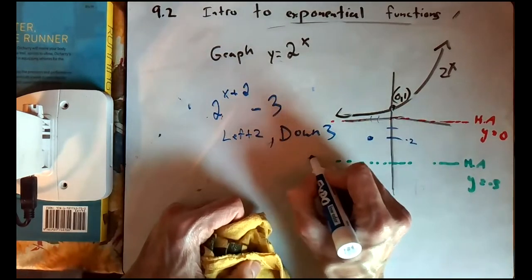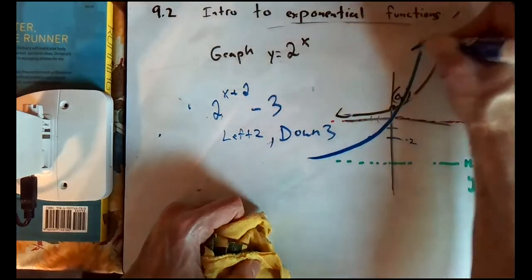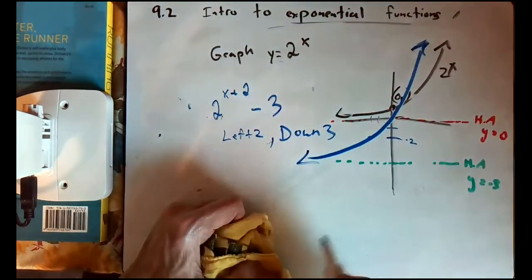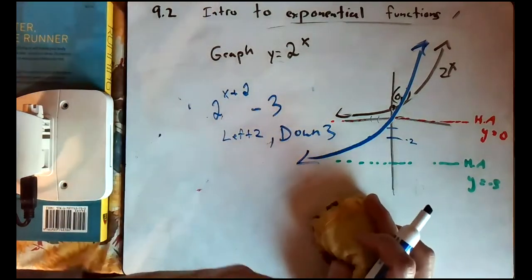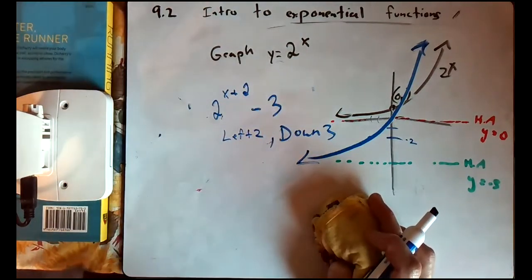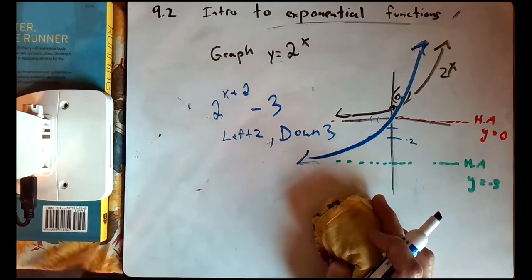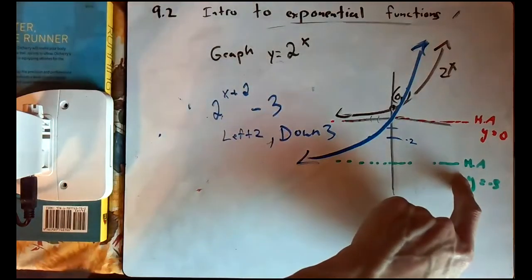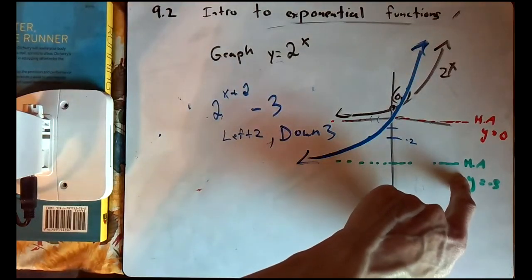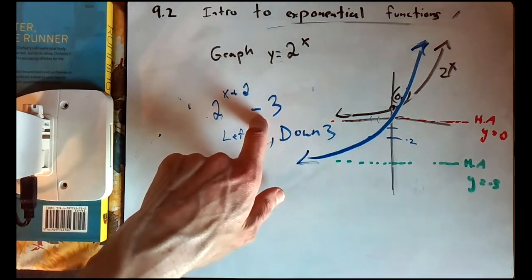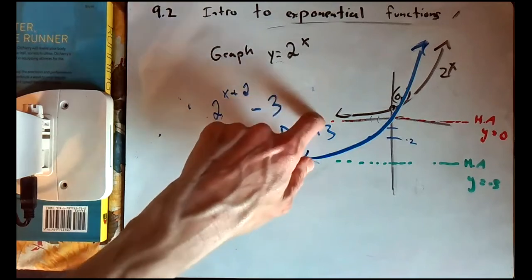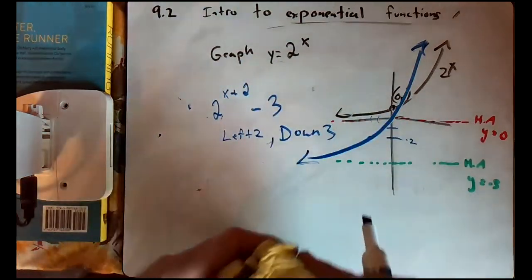It's still going to look like this right here. That's the generic shape of it. So again, all you have to remember is, where do I base my reference point from? (0, 1) with the exponential functions. And of course, as you can see, the horizontal asymptote can shift. It will shift if you have a vertical shift. If you have no vertical shift, then it's not going to move from y equals 0.